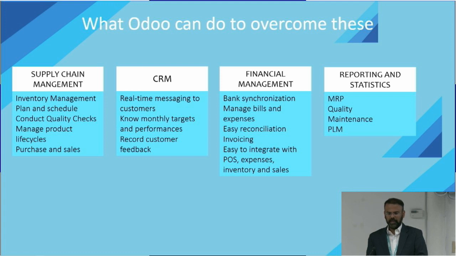It also enables you to do product life cycles, and obviously, for some of our smaller customers, we have implemented product life cycle management within Odoo itself. For our more advanced customers who have a very complicated product life cycle process, we have also implemented separate PLM tools with Odoo.